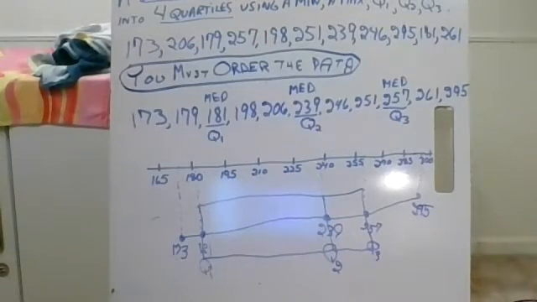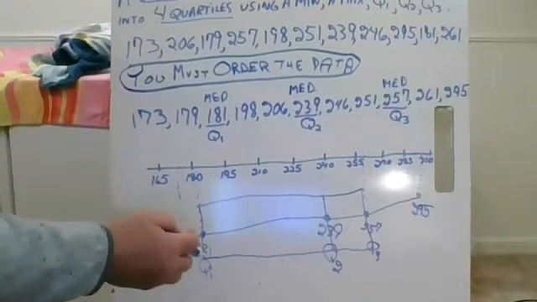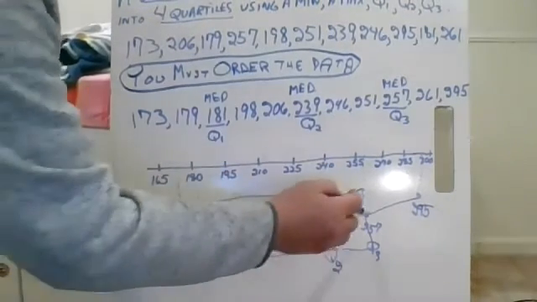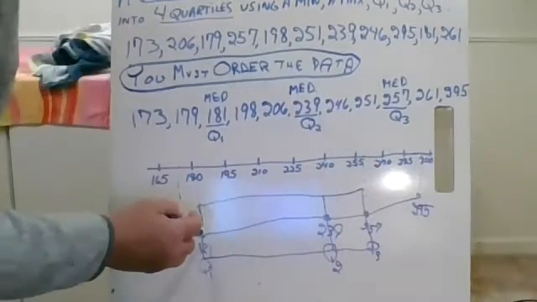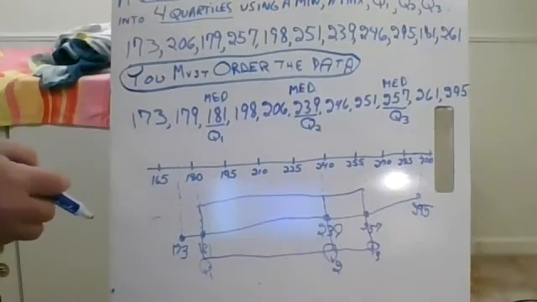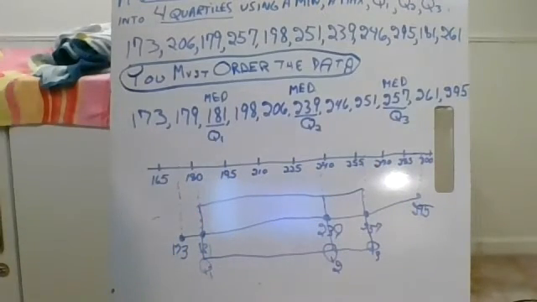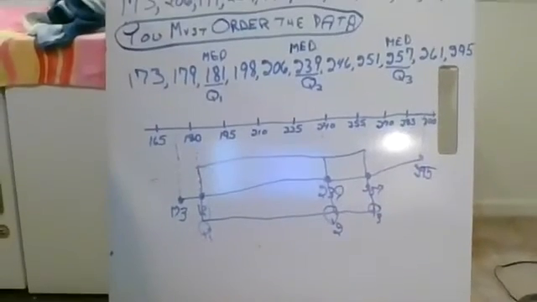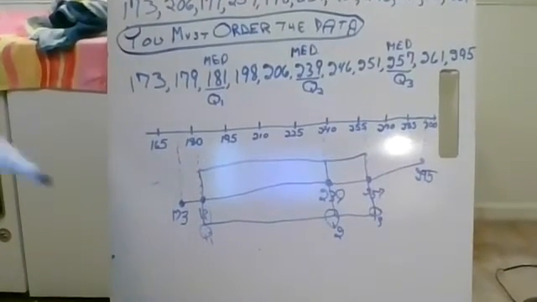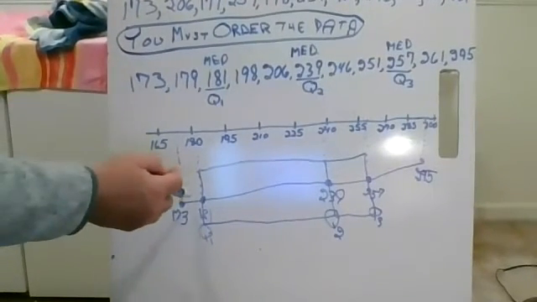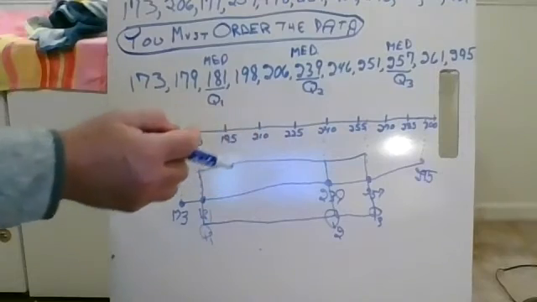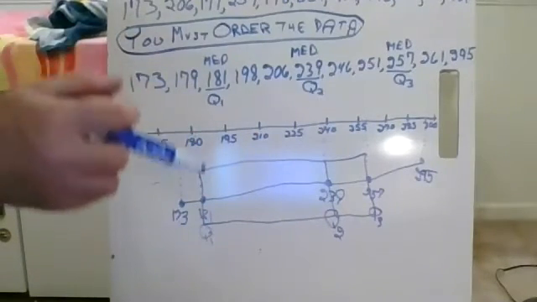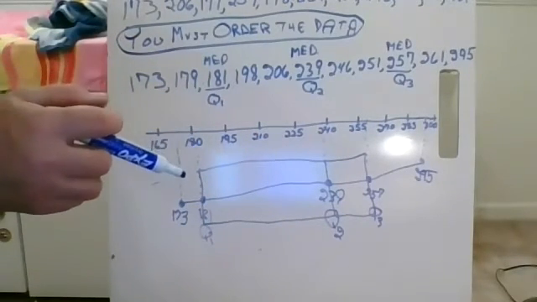And that is your box and whisker plot. This is your box. These are called the whiskers. And what we know, can you see them? Is that each of these segments contain 25% of the data.